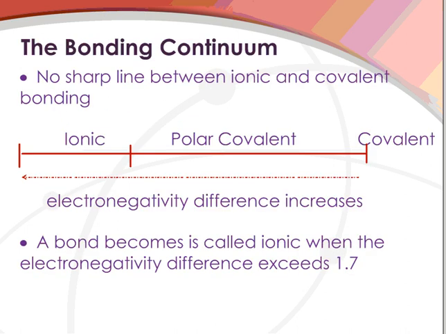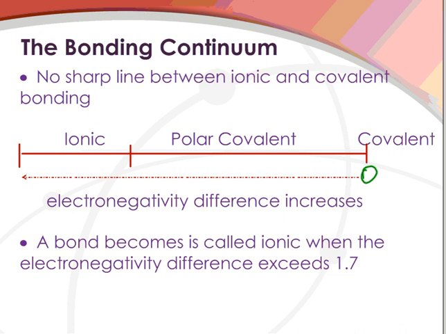All right, hopefully you remember this from grade 11. A bonding continuum: there is no sharp line between ionic and covalent bonding. So you have a pure covalent bond over here where you have a zero difference in electronegativity.